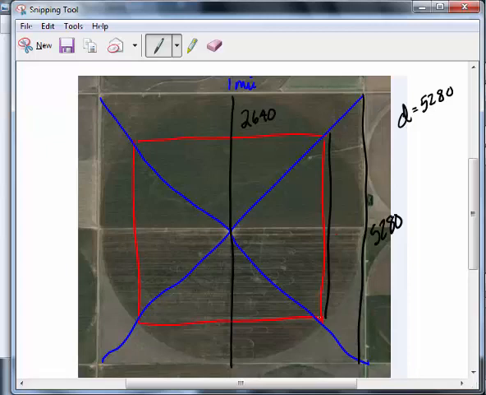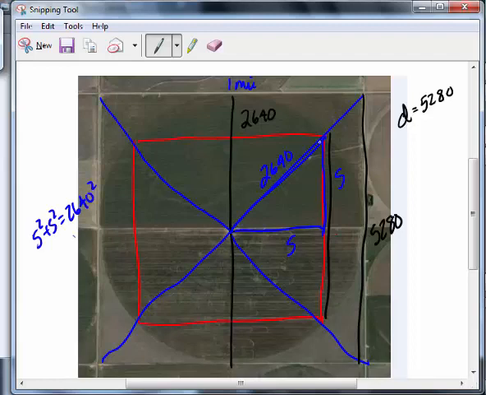Okay, so what you need to see is that in this triangle here, this distance here is 2,640 feet because it goes right to the edge of the circle. This is S, and this is S, so we have S squared plus S squared equals 2640 squared.